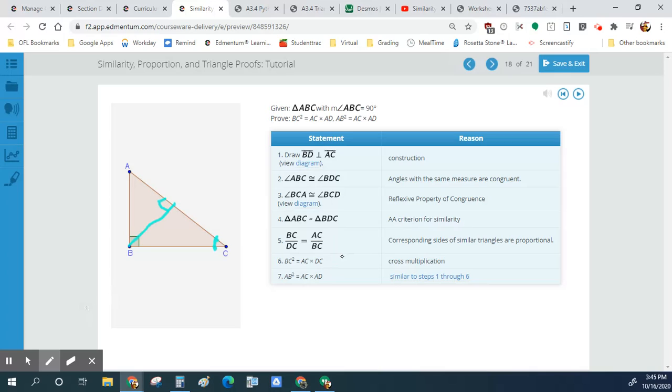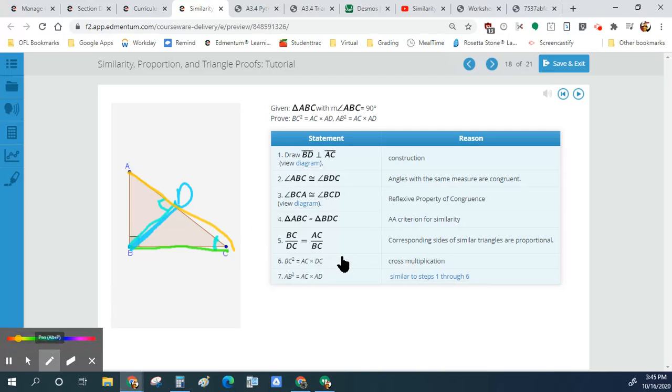So they're saying that BC over DC, and I forgot to write D right here, is equal to AC, the hypotenuse, over the BC.